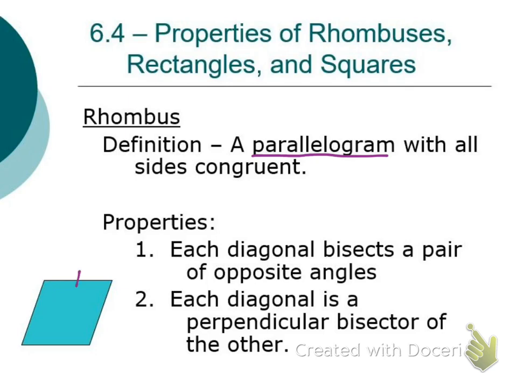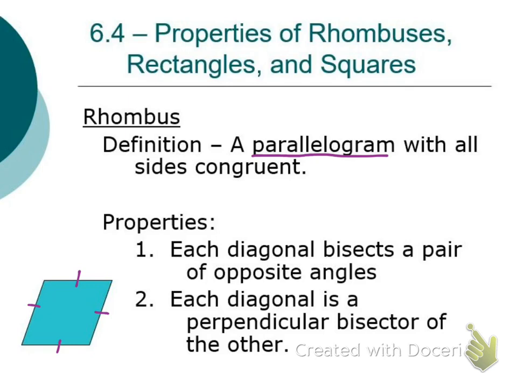On the picture, you could go ahead and mark all the sides congruent. They each get the same amount of tick marks. The first property states that each diagonal bisects a pair of opposite angles.